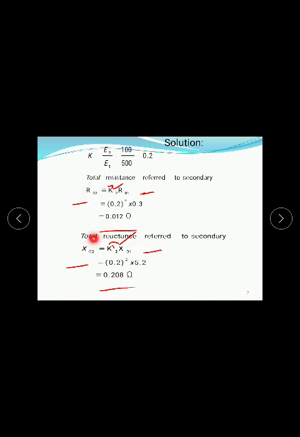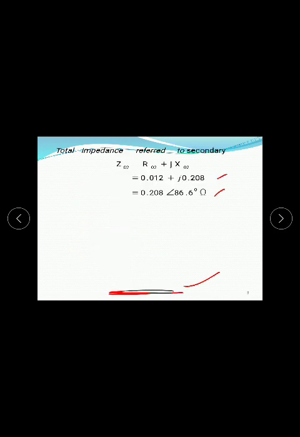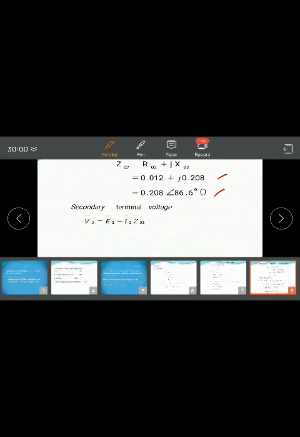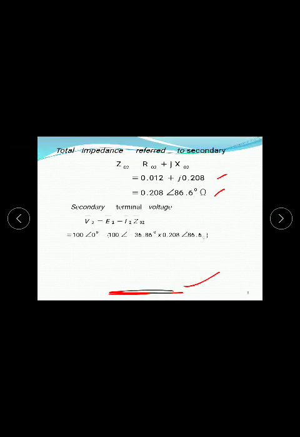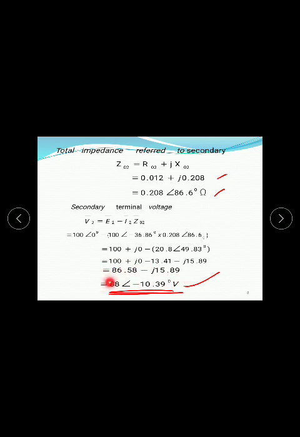From R02 and X02 we calculate Z02, which is R02 plus jX02. Then we calculate the secondary terminal voltage with the formula V2 equals E2 minus I2 Z02. We know the values of I2, Z02 and E2, and by applying these values we can calculate V2. This is the V2 value.